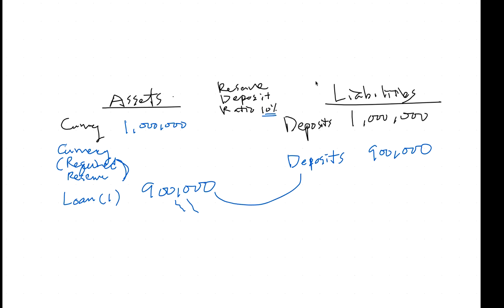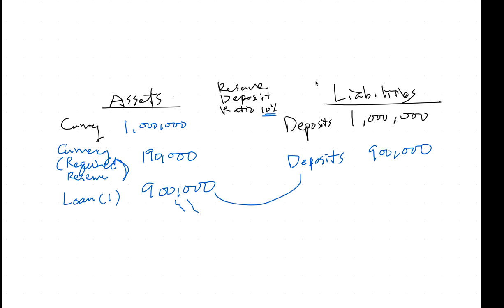So how much do you have to set aside? 190,000, okay? 10% of the total, Raul. You understand, Raul? Yeah, 10% of the total.